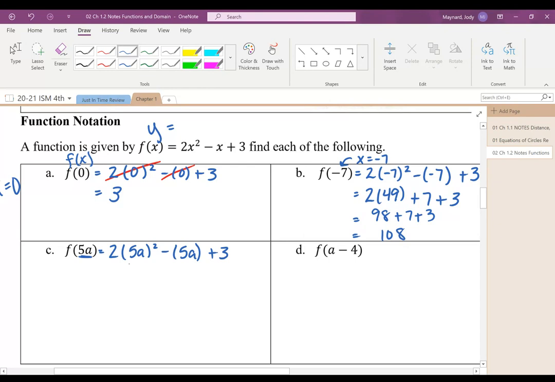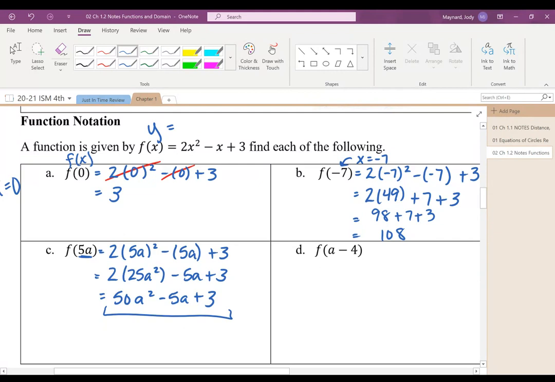Exponents first. 5a quantity squared is 5a times 5a. So this gives me 25a squared minus 5a plus 3. We can just drop the parentheses there. There's nothing to do. Then 2 times 25a squared is 50a squared minus 5a plus 3.